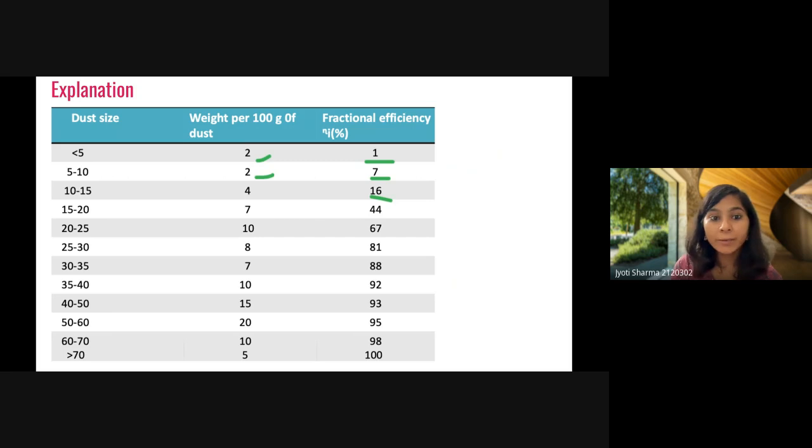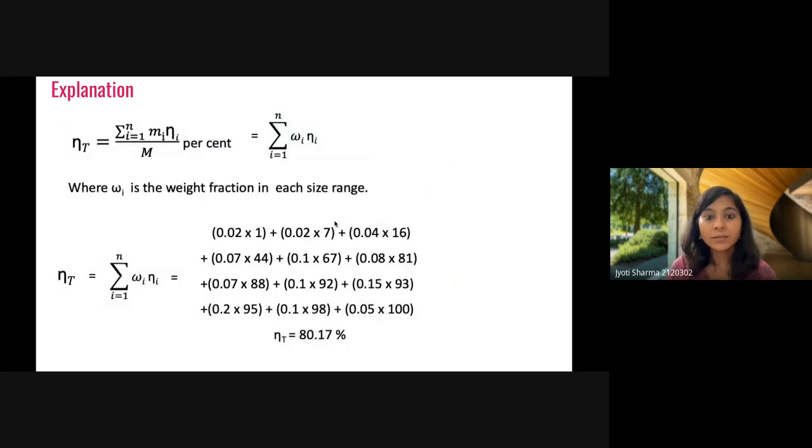So what will it be? 2 multiplied by 1 plus 2 multiplied by 7 plus, and so on up to this one, and this will give you the fractional efficiency. This is how we can calculate the total efficiency.